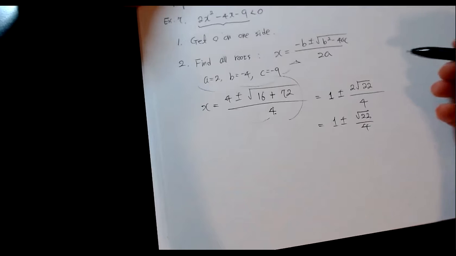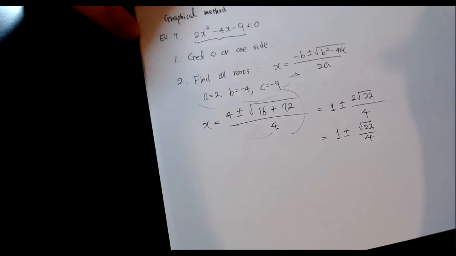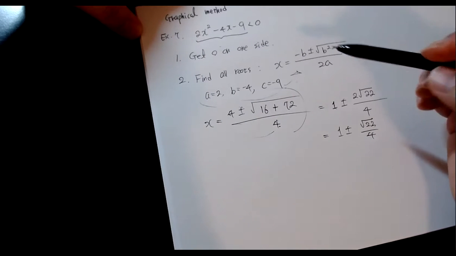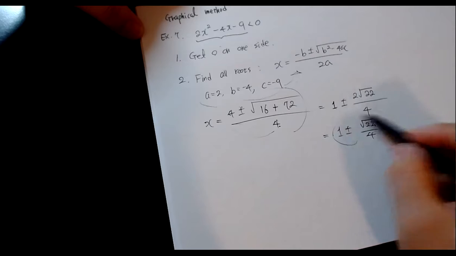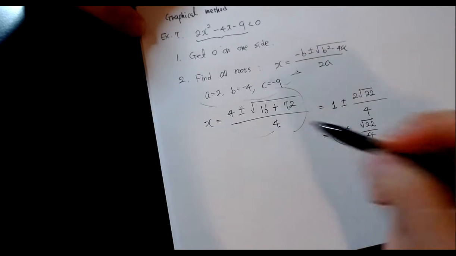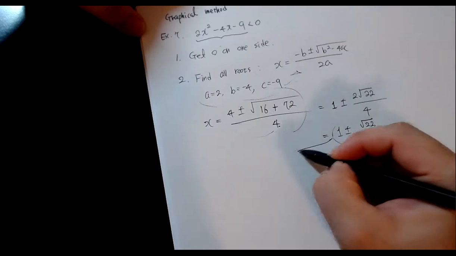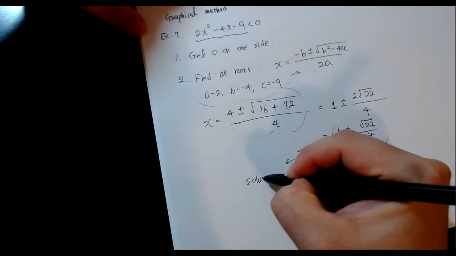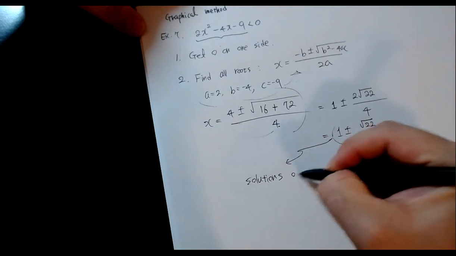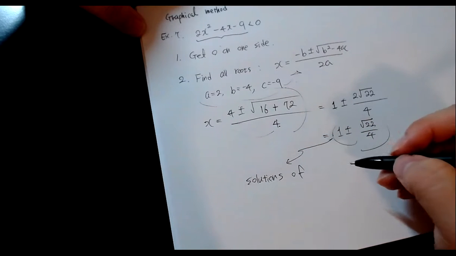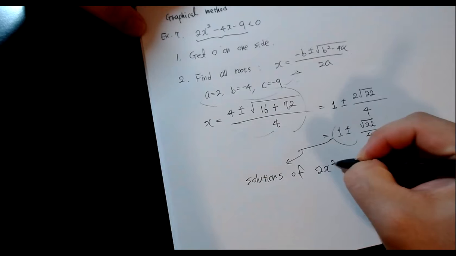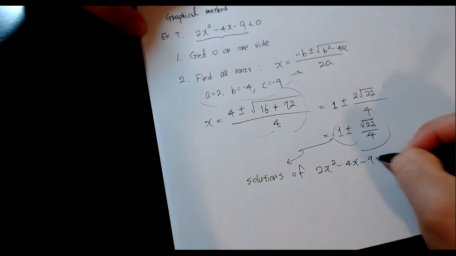Now, what are these? These are roots, or we can say these are the solutions of the quadratic polynomial, 2x squared minus 4x minus 9 equals 0, right?